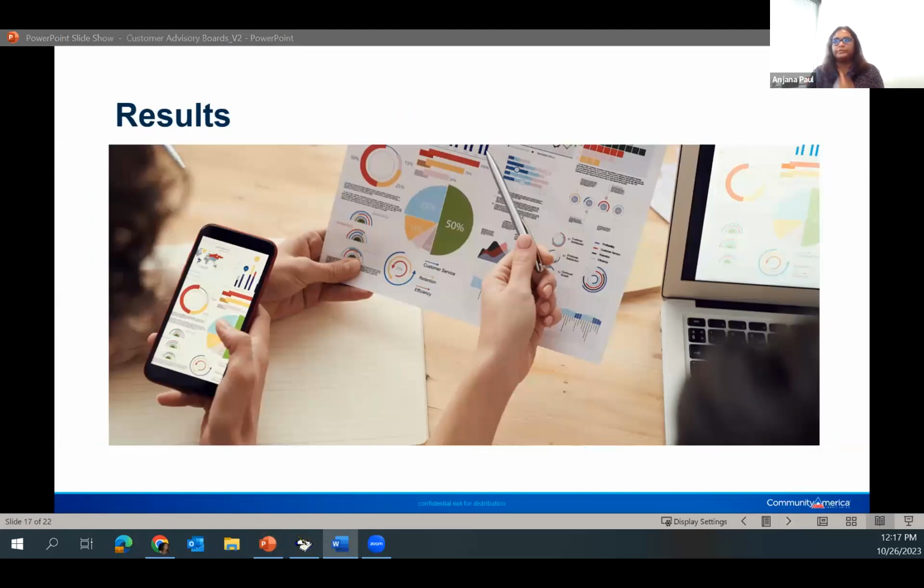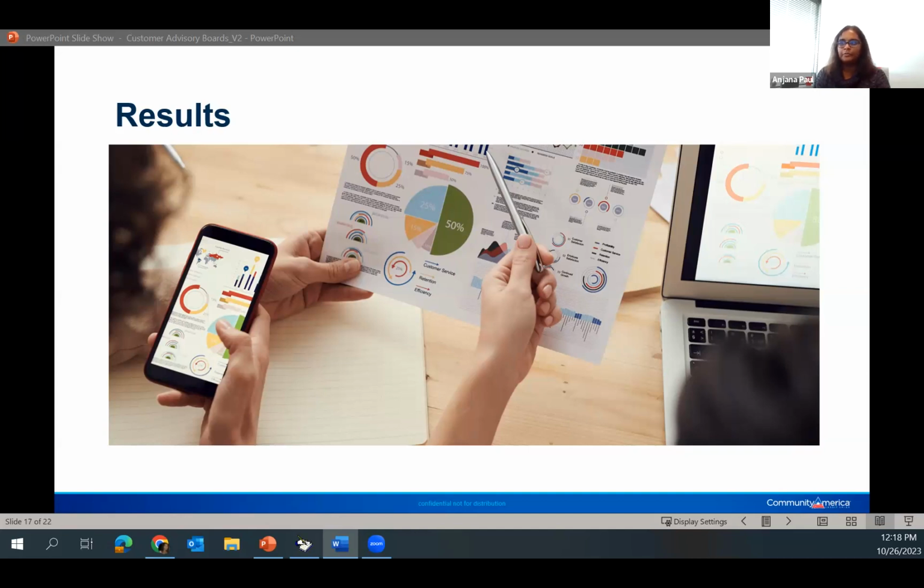As far as the results, from February to August, we completed 14 different activities and feedback sessions with the customer advisory board. There was 72% average participation, and it cost us roughly $5,000 to pay our participants, as well as for the monthly Slack channel.